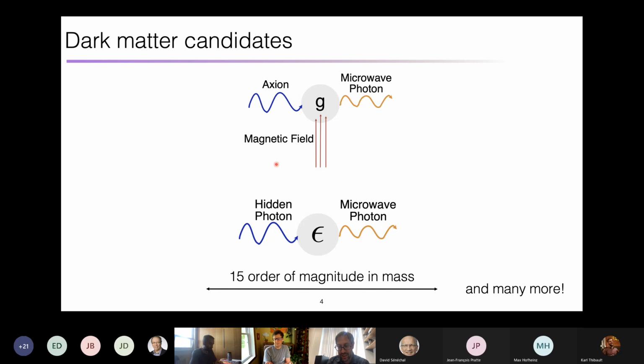But one characteristic that these have is that they can convert from axion-like matter into electromagnetic fields. In the axion case, this is mediated by a magnetic field. So if you have a strong magnetic field, that can scale an interaction between the axion field and the electromagnetic field. So basically, when axions go through magnetic fields, they can oscillate into photons. Hidden photons are a similar kind of thing.